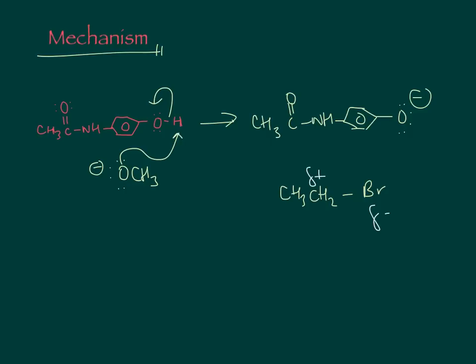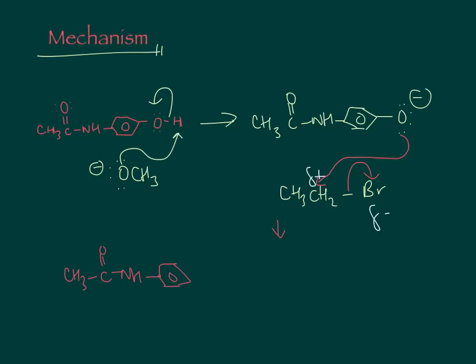So this is now our electrophile and this is our nucleophile. So we're going to draw our arrow. The nucleophile attacks the electrophile, attacking the carbon. This bond breaks, and so our final product we get is shown here.